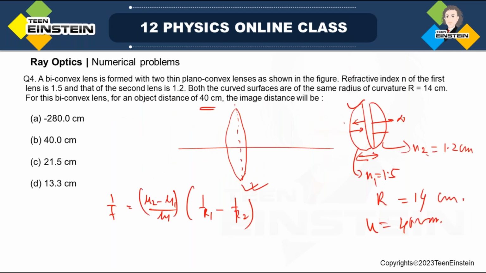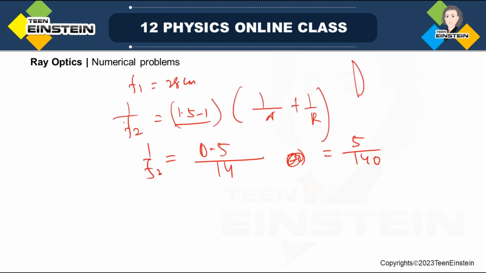Refractive index, it is actually 1.2 for this. So this will be 0.2. So 2 by 140, so this is centimeter inverse.